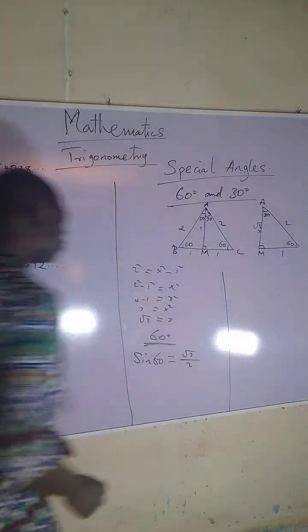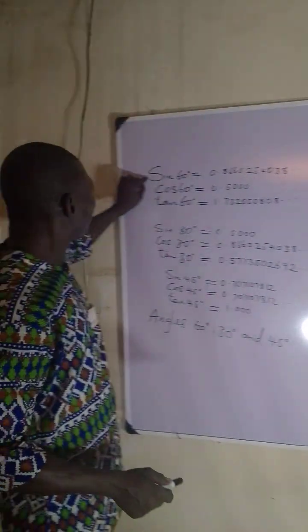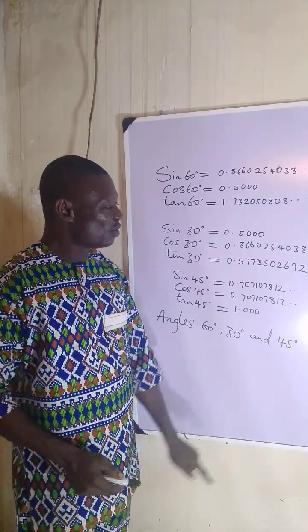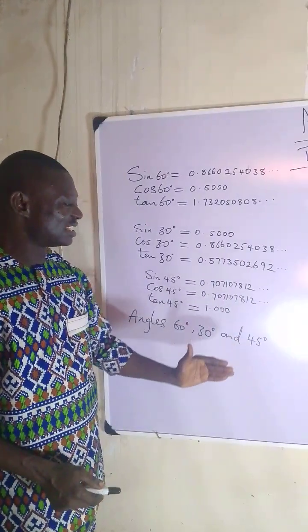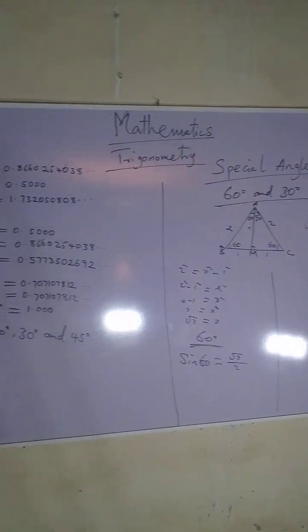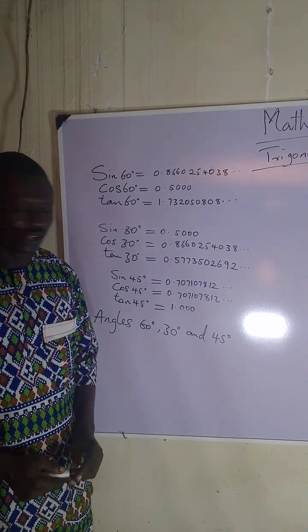This value will be used as sine 60 degrees instead of this value that has no end. So the real need for this is that we are now using a value that is exact, instead of using a value that must be approximated because of its nature.